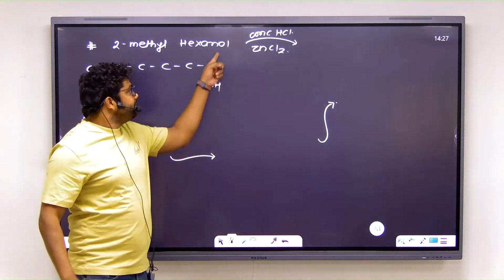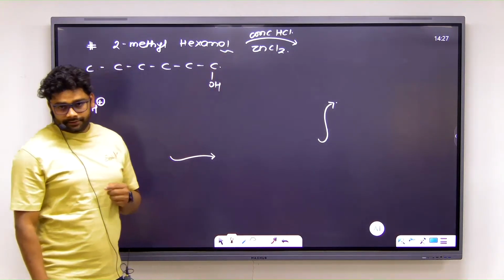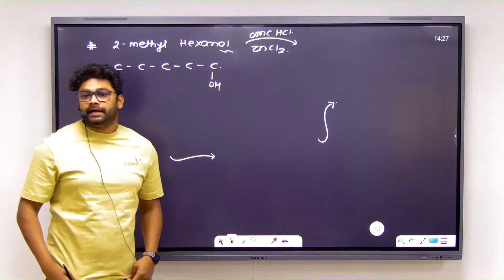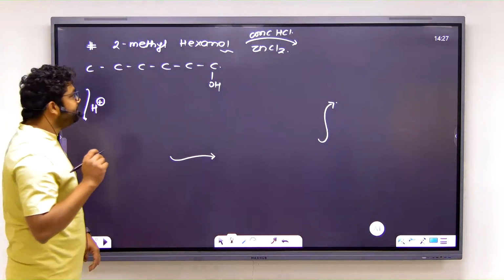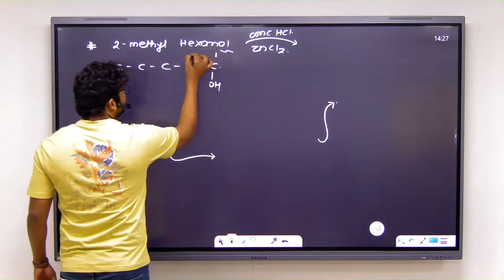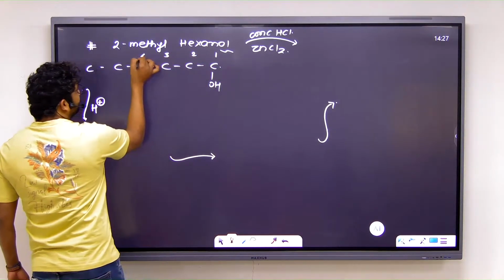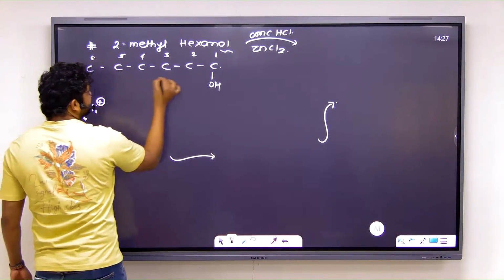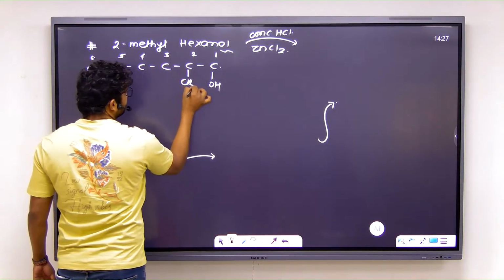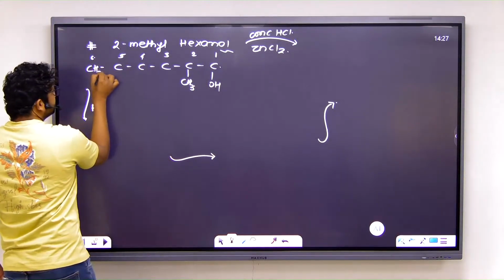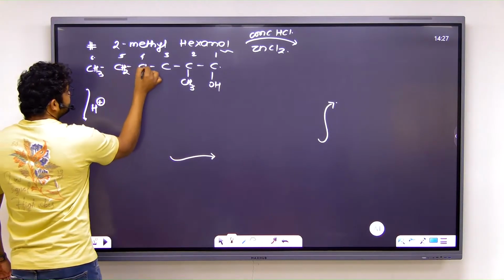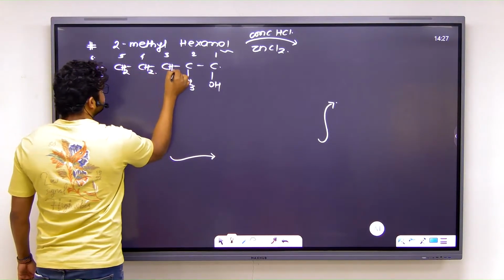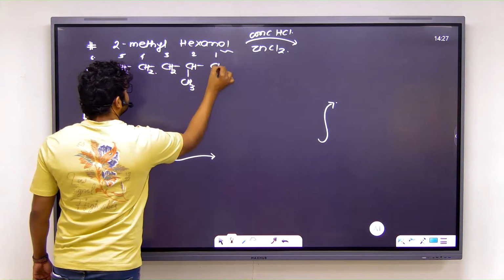If the number of the alcohol group is not given, then your OH group is present at which carbon? First. Number 1 there, 2 there, 3 4 5 and 6. So your 2-methyl is there. Then it is CH3, CH2, CH2, CH2, CH and CH2.